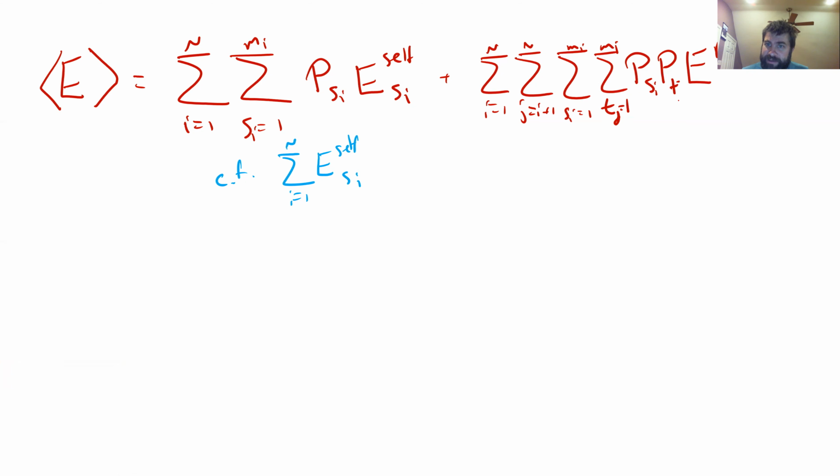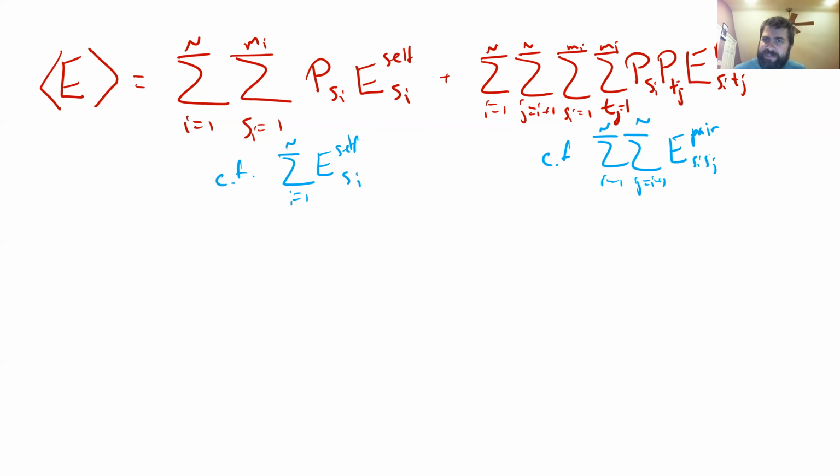Probability of s_i, probability of t_j, E pair (s_i, t_j). This is exactly comparable again to the sum i equals 1 to N, j equals i plus 1 to N, E pair (s_i, s_j) term that we looked at before.